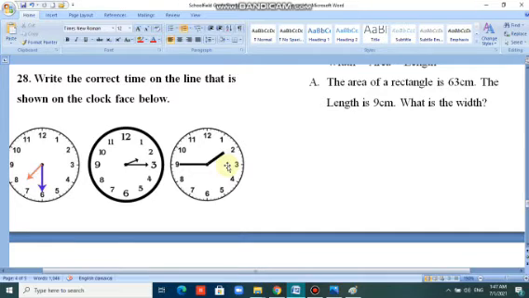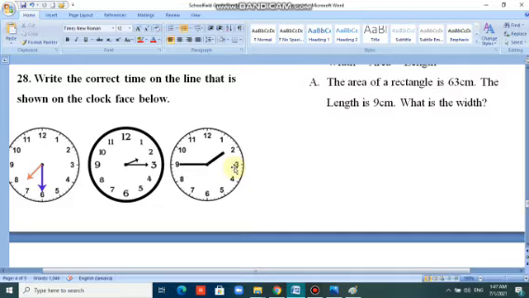Now, over here we have a clock showing 15 minutes to 2. Or quarter to 2.